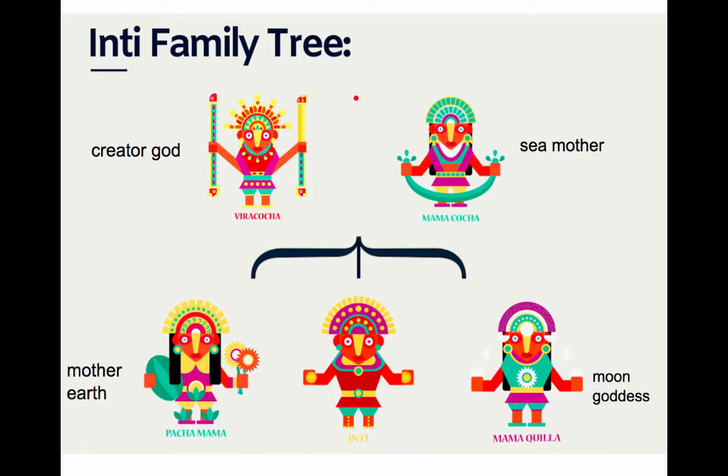There are a lot of stories about how he created the earth, but it's believed that he did create the earth and all the crops and all the animals, and that his wife is Mamacocha, who is the mother of the sea. And so she is credited with creating all waterways, the oceans, the rain, everything like that. So combined, right, they are like earth and water in the creation of all things.